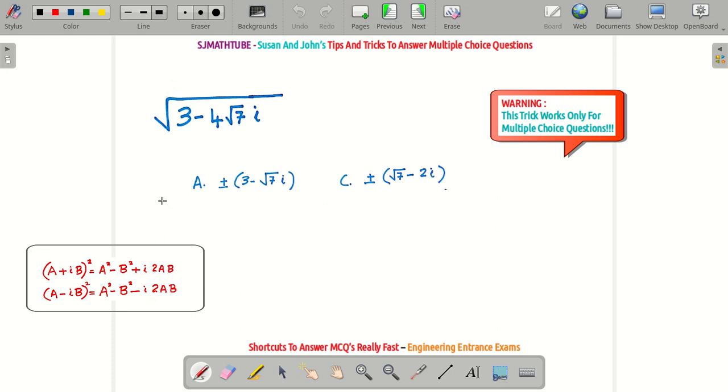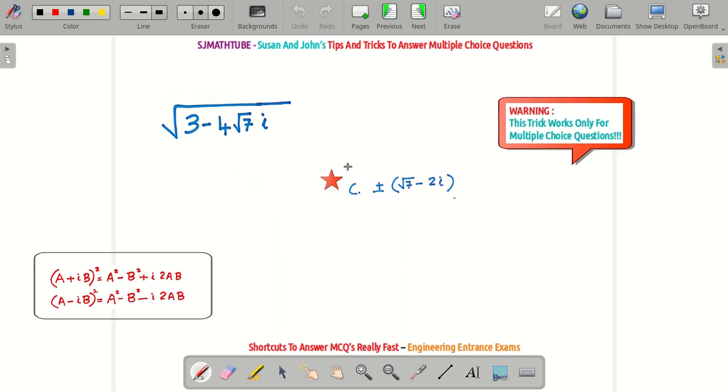Now I want you to focus on this a square minus b square. What will be 9 minus 7? Are you going to get 3? I don't think so. Now let's go for 7 minus 4. Exactly. So our winner is option C. Isn't it really easy? So this is how we find the square root of complex numbers for a multiple choice question.